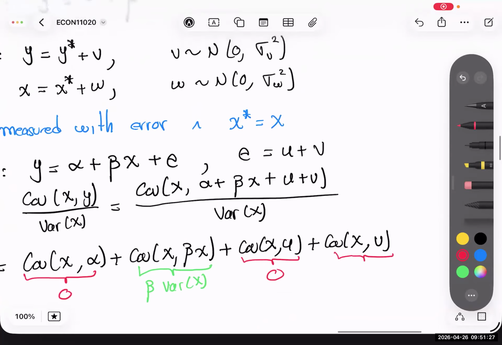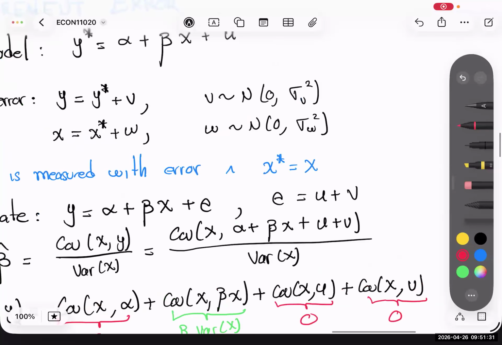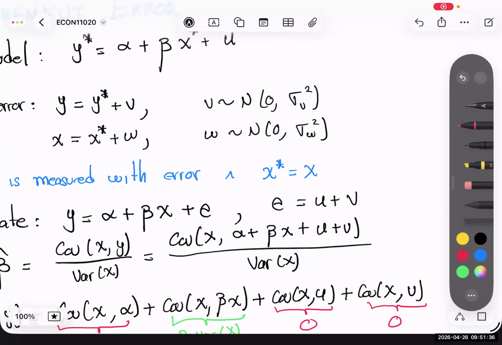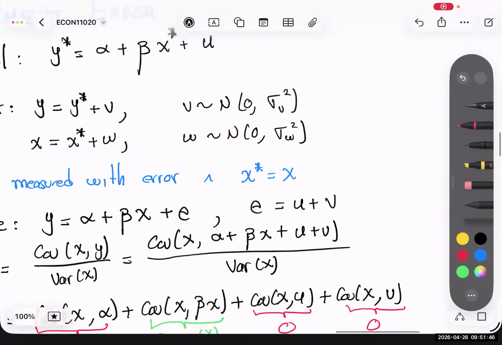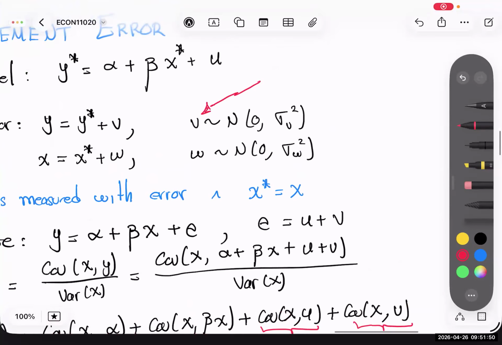this is what I was talking about, because of the independence. Why? Well, because you know that we are looking at the covariance between this regressor that is measured without mistakes, with no error, and V in this case refers to the error associated with the dependent variable, or the measurement error, right?